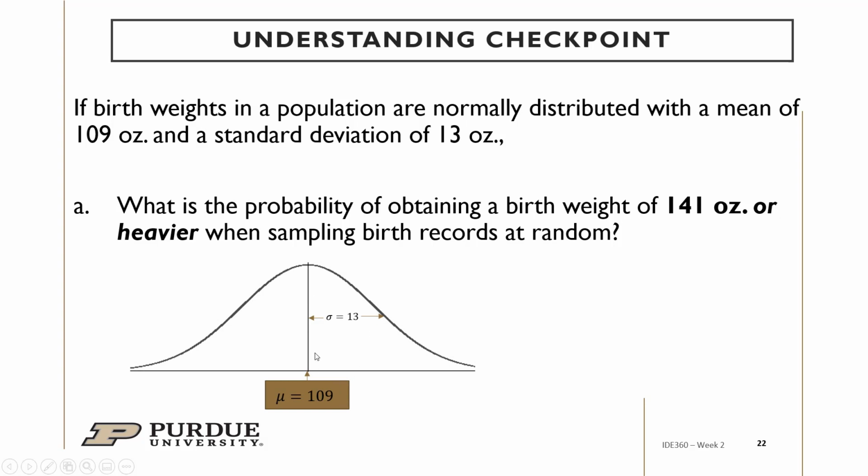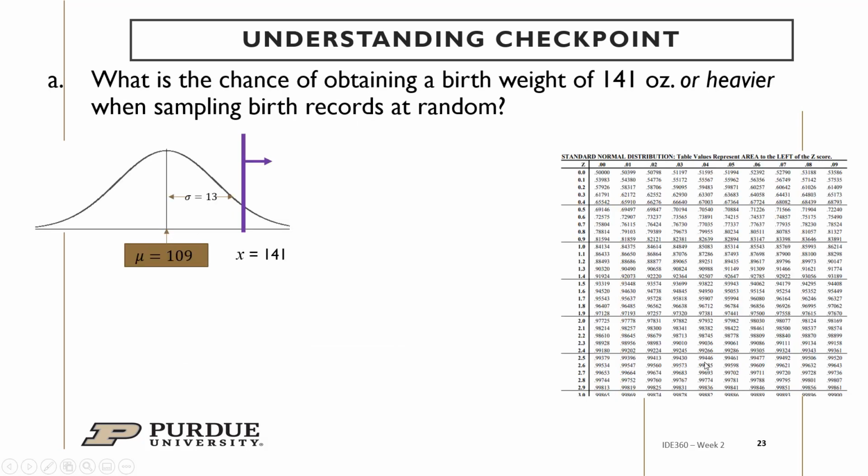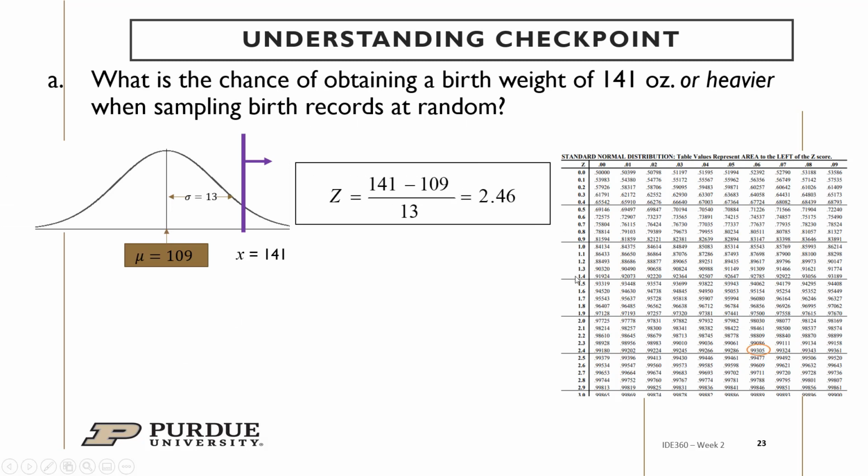So this is our center, this is our standard deviation, and this is our threshold that we want to check. What's the probability that falls in this tail, after 141? I get the z-score 2.46, and we can find it in the table, right?